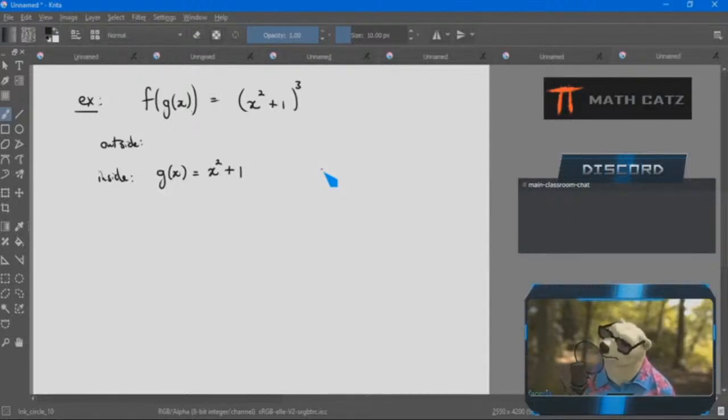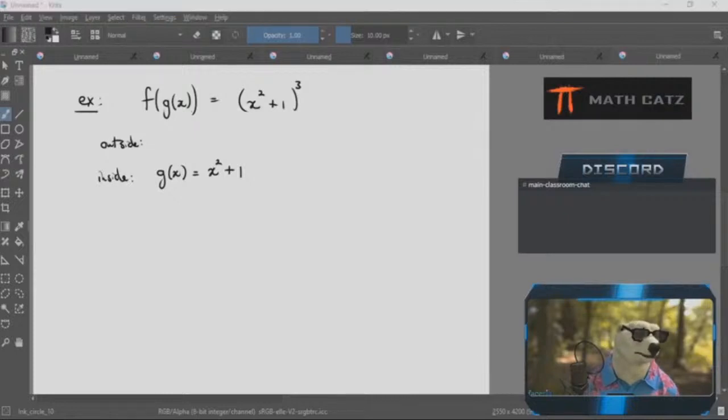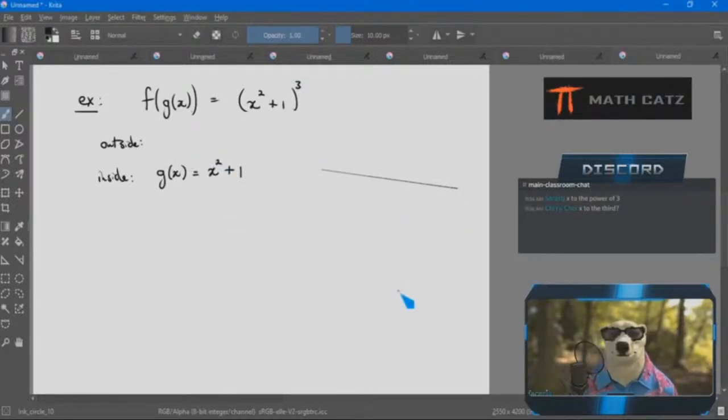I think that this composition is built from two functions, and my inside function, I think, is x squared plus 2. What would you say is the outside function that then has to go with it to create my given function? What is the outside function? It is, let me get rid of my line here, x to the third.